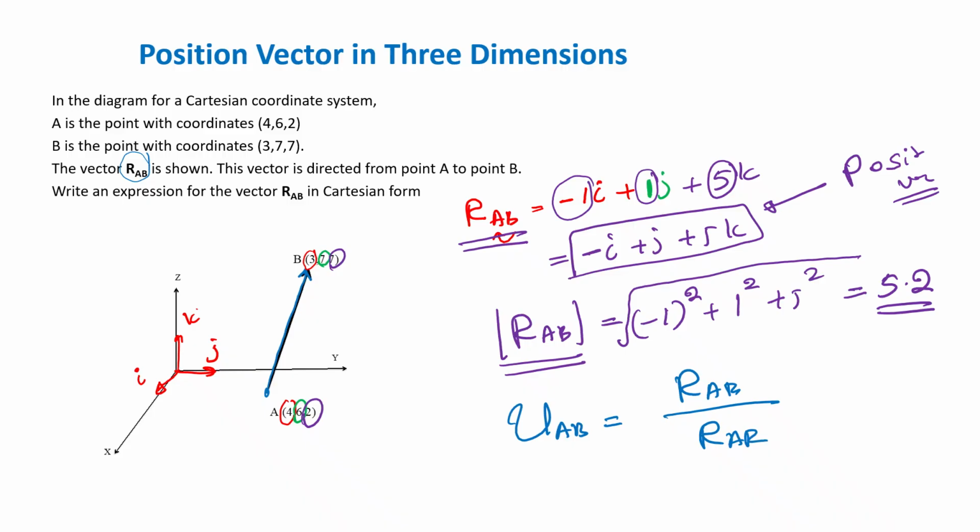What do we mean by a unit vector? Unit vector is along AB, and its length is 1 unit. So how do we write this?